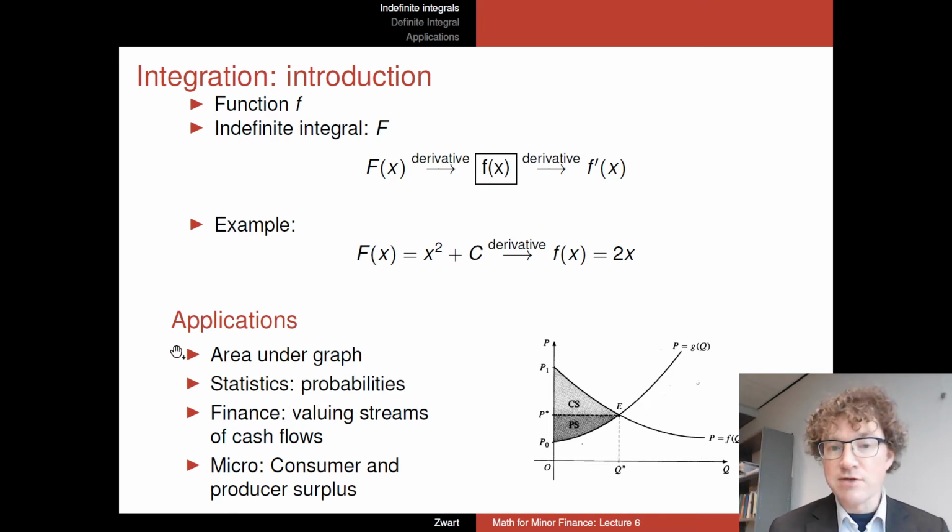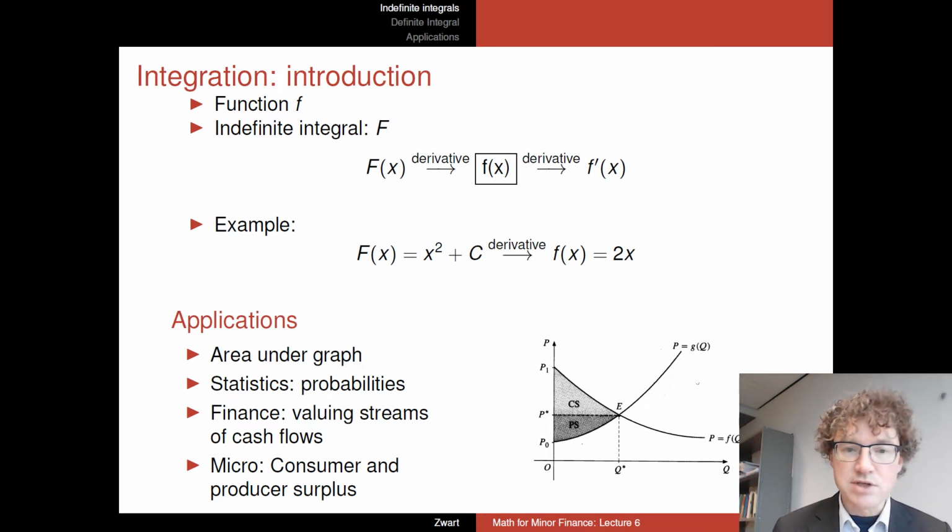So applications of this integral or of this antiderivative are that they compute areas under graphs. And these areas often have meaning. So in statistics, perhaps you know that an area under the bell curve, for instance under the standard normal distribution, has the meaning of a probability.